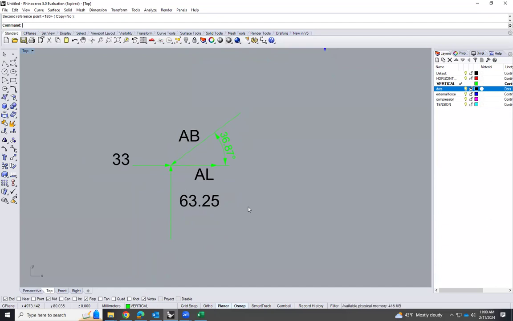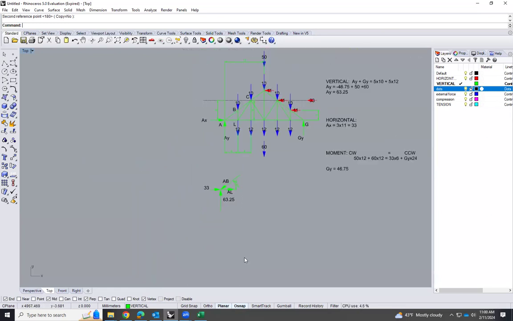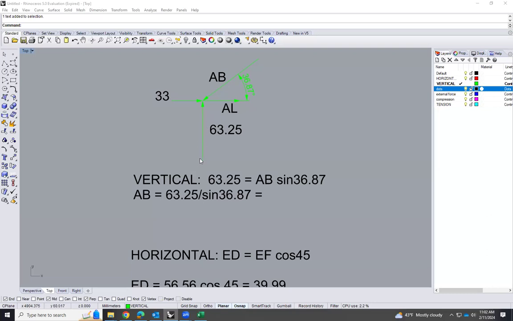Okay, so what are the equations now? In the vertical, we can calculate, because in the vertical we only have the vertical component of AB. So the vertical is pretty straightforward. In the vertical equation, we have 63.25 going up.